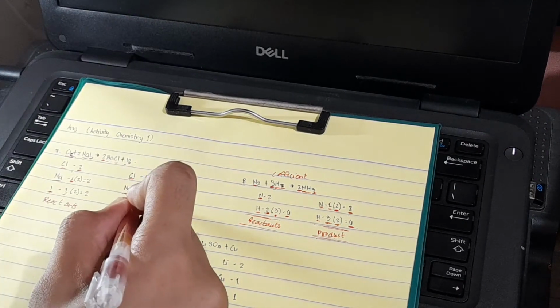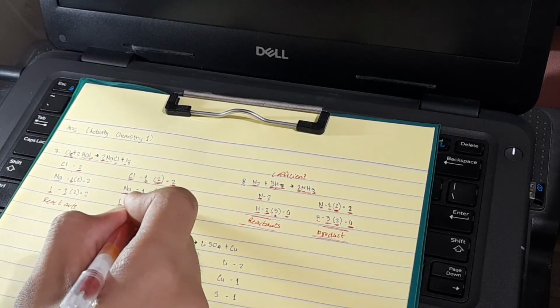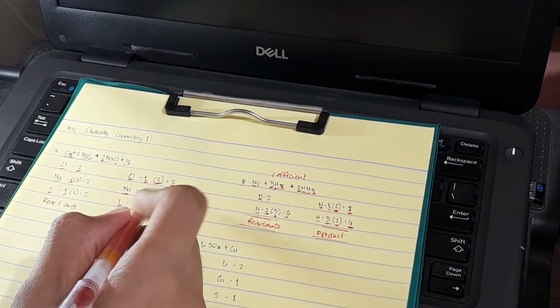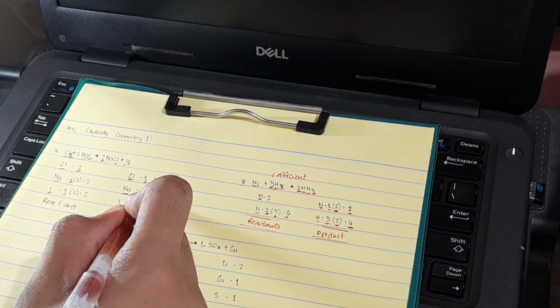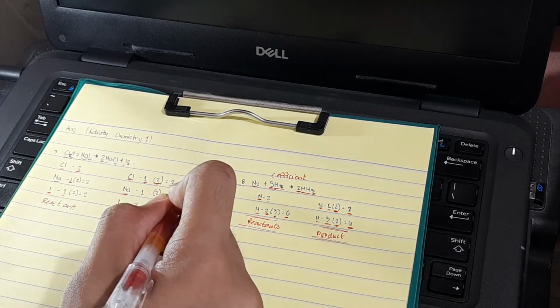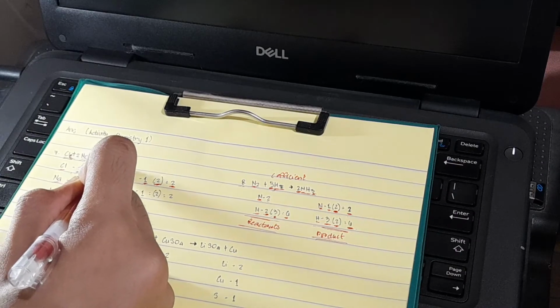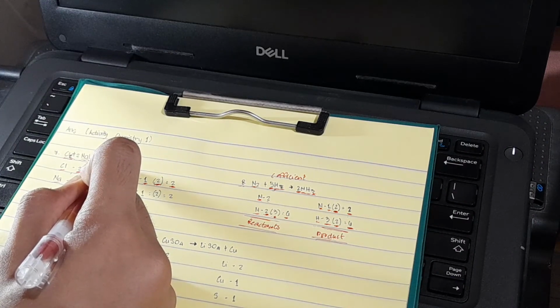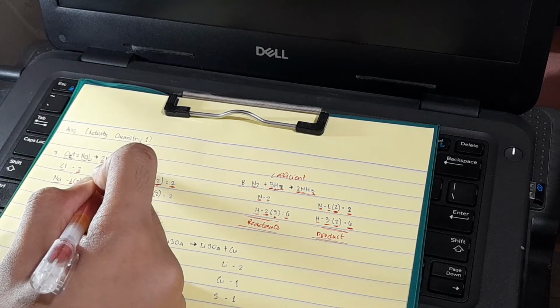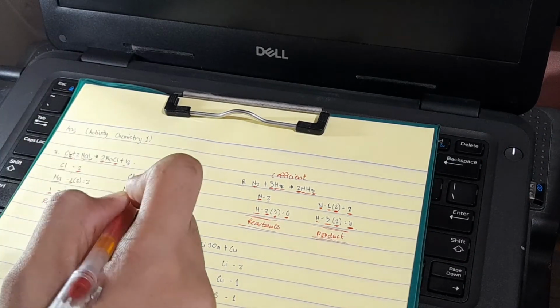The Na and Na, they are the same, one. But of course, Na and Cl are attached to each other.